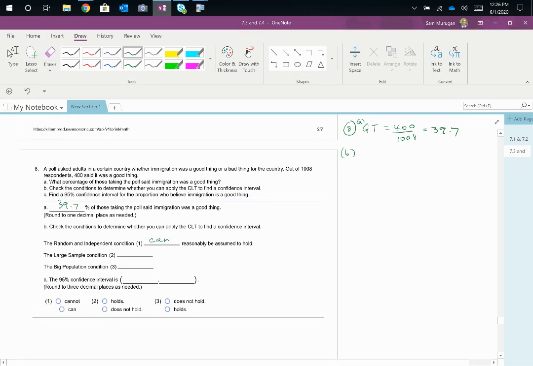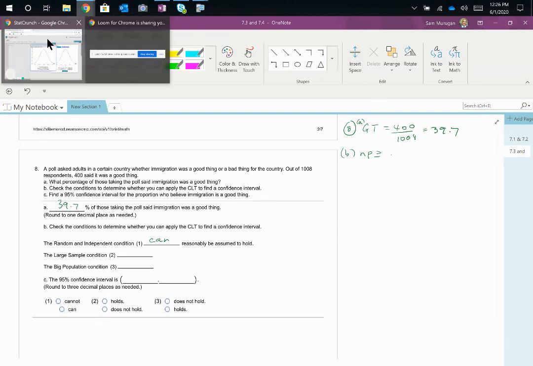Okay, the large sample condition says that n times p must be greater than or equal to 10. So n times p here is, hold on one second here, I'm messing this up a little bit.